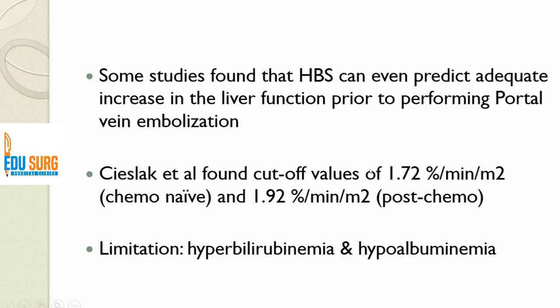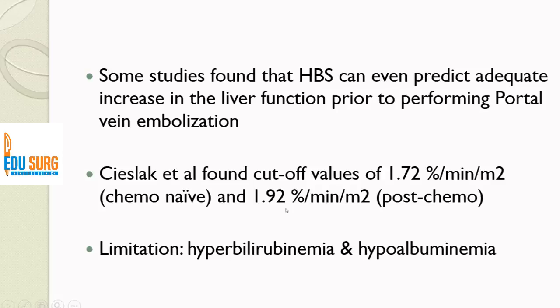Here, they have found that patients who have not received chemotherapy have the cutoff value of 1.72% per minute per meter square, and the patients who have received chemotherapy have a slightly higher cutoff value of 1.92.